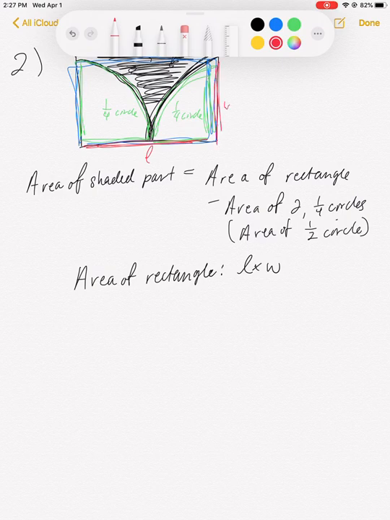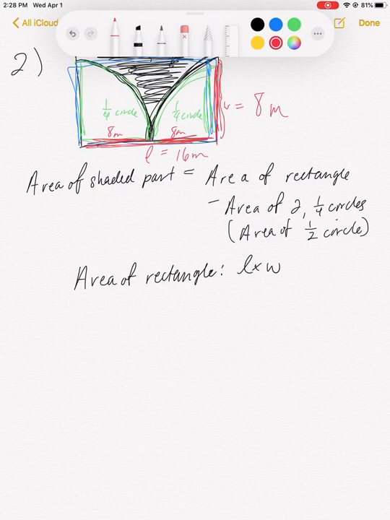We know that the width is equal to 8 meters, this whole thing right here. The length we don't know, but we do know that this is a quarter circle, and so this distance here is the same as this one here. So this part is also 8 meters, and this part is the same kind of circle, that's also 8 meters. So length we can deduce as 16 meters.